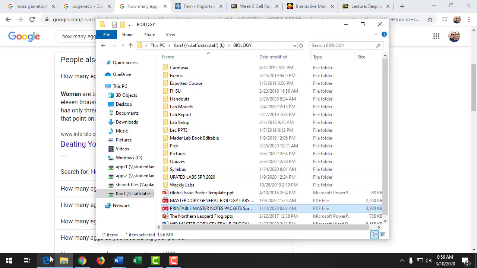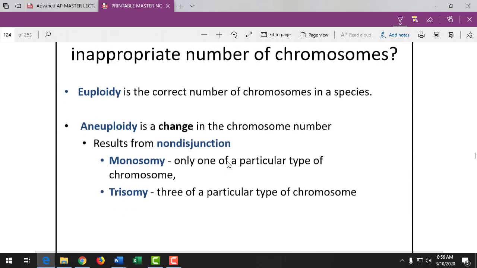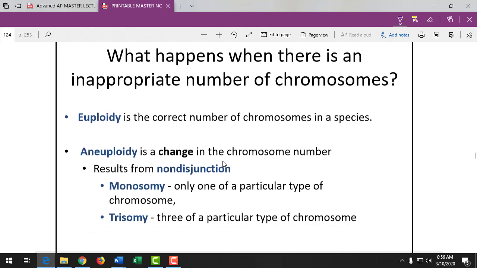Okay, so back to this then. What happens when we get the wrong number of chromosomes? Like I said, when sperm fertilizes egg and we're spreading those sister chromatids apart and something breaks and dumps off an extra chromosome, we have chromosomal anomalies. Monosomy means you only have one of a chromosome. Trisomy means you have three of a chromosome.